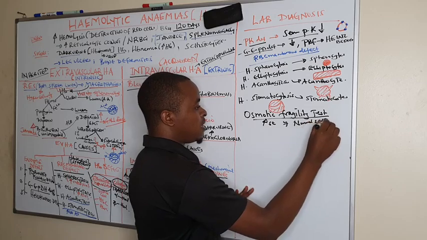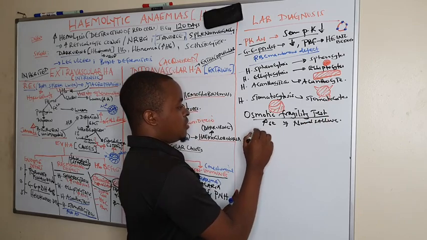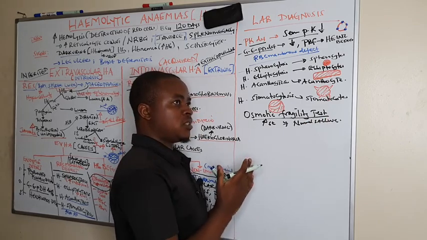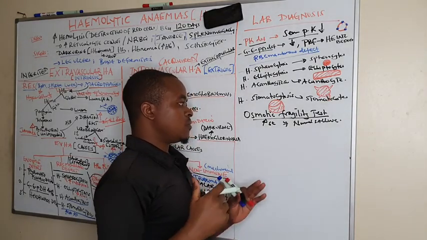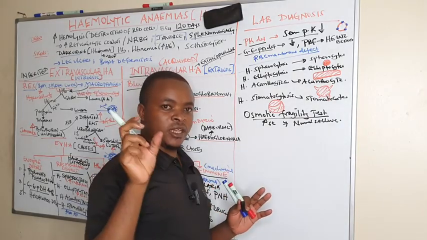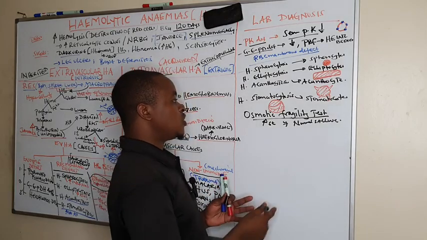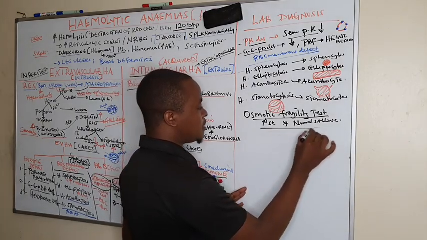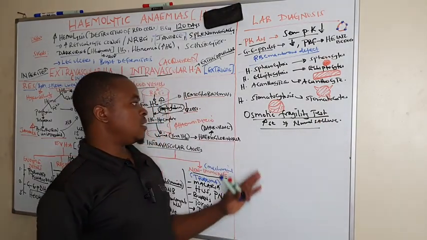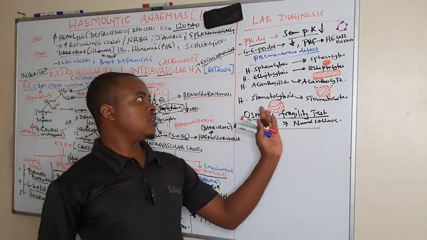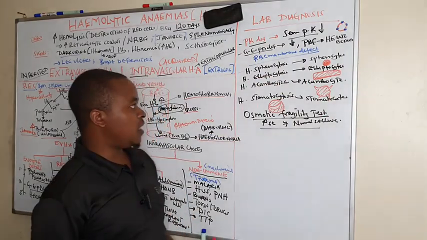If there is a membrane defect, we shall see the hypotonic solution causing cell lysis, because in hypotonic solution the cells will swell, hence will become hemolyzed. So we'll be looking for hemolysis according to varying concentrations of normal saline. That is the osmotic fragility test, which confirms RBC membrane defect.